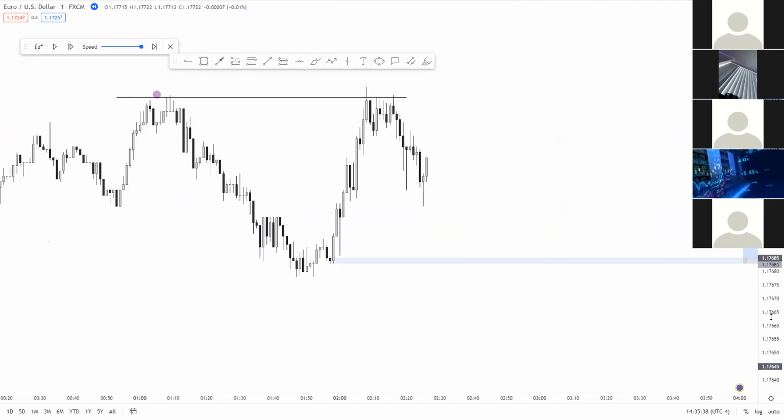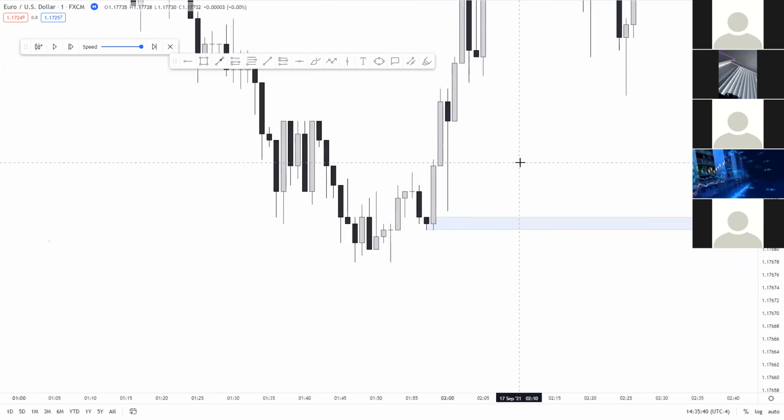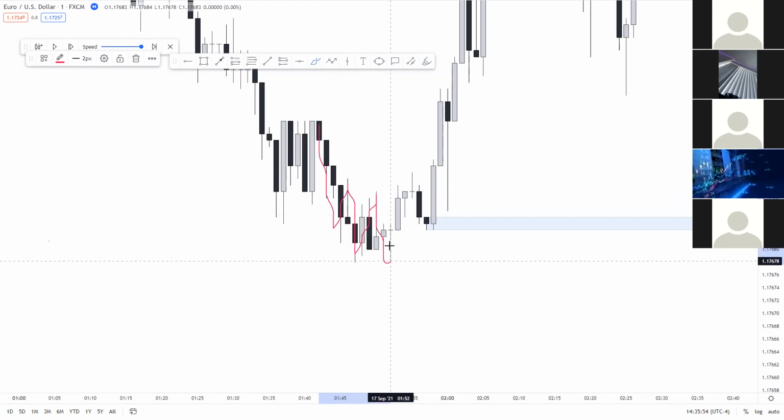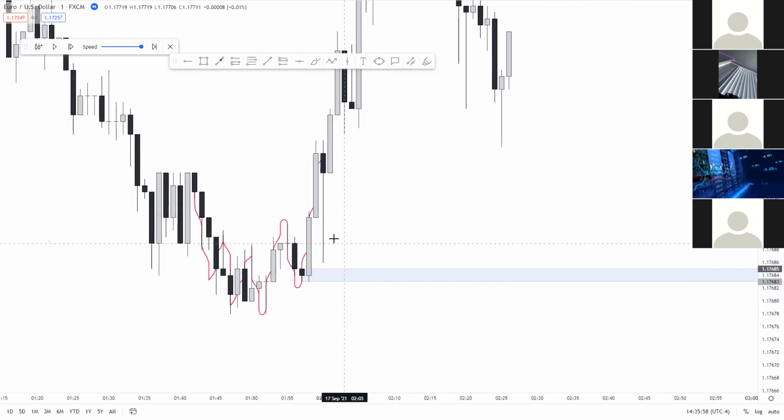I'll show you why this level worked. You can see on the smaller time frames, structure was like, oops, wrong one. So structure would have been within wicks. Like this, right? Now this is a break of structure all the way down here.